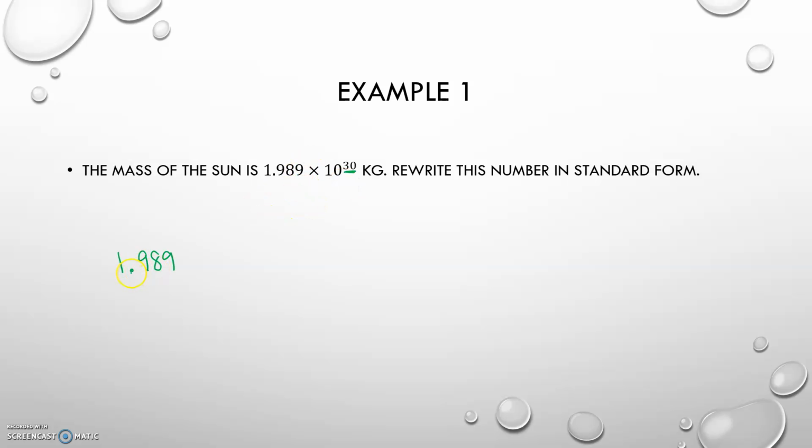So I'm going to move to the right 30 spaces, and that's a lot, so bear with me. 1, 2, 3, 4, 5, 6, 7, 8, 9, 10, 11, 12, 13, 14, 15, 16, 17, 18, 19, 20, 21, 22, 23, 24, 25, 26, 27, 28, 29, 30. Whew. Now, what do you think I'm going to do with all of those spaces where there's no numbers? I'm going to fill them in with zeros.